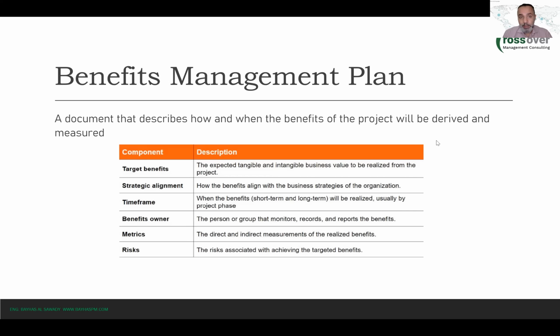As a project manager, I need this document because I want to be completely aware of what the targeted benefits are, how this project is strategically aligned, what the time frame of realizing those benefits is, who the benefit owners are, how we can measure those benefits, and what risks might threaten the realization of those benefits. Okay, so it's very important for me as a project manager to have access to this document.